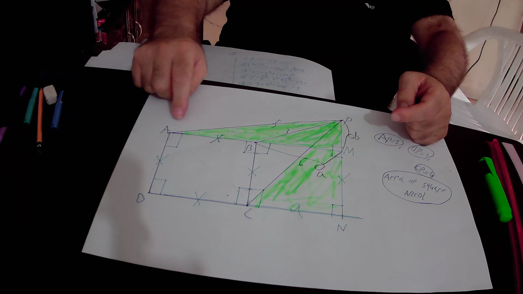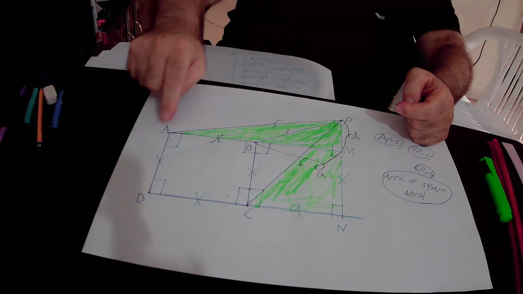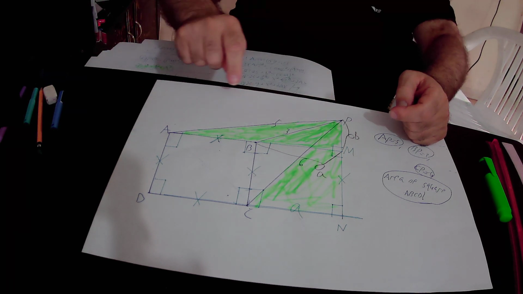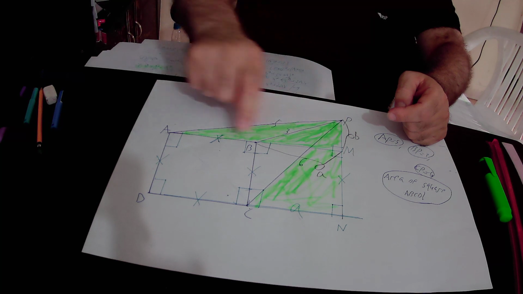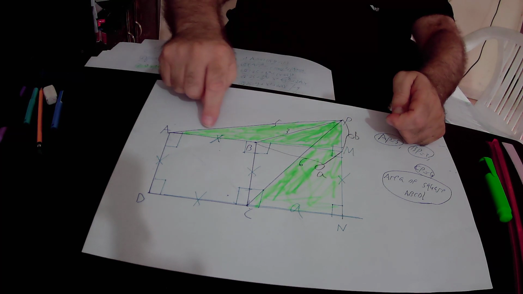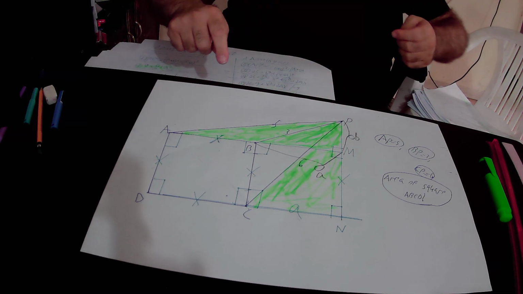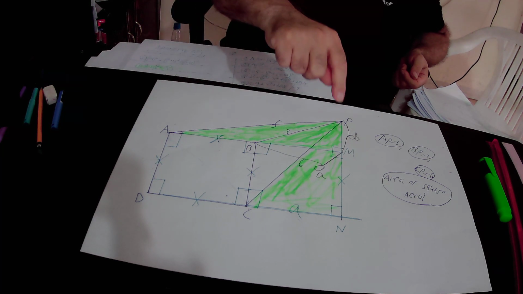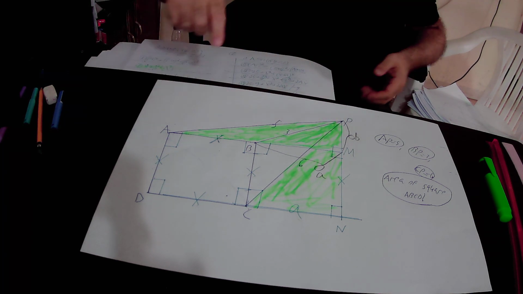If AM is a straight line, it means that shape APM is a right triangle. So we will implement the Pythagoras theorem in the right triangle APM, the right green triangle. According to the Pythagoras theorem, AP squared equals PM squared plus MA squared.